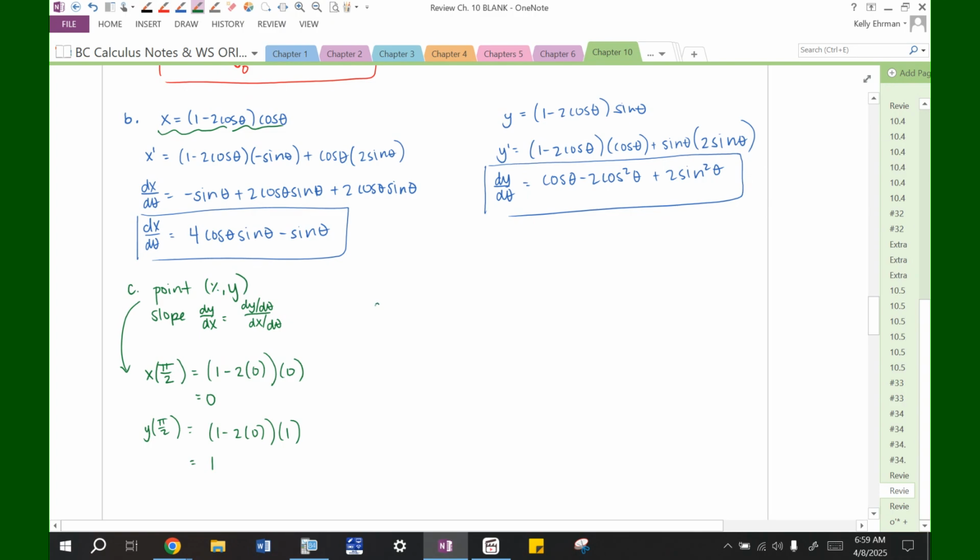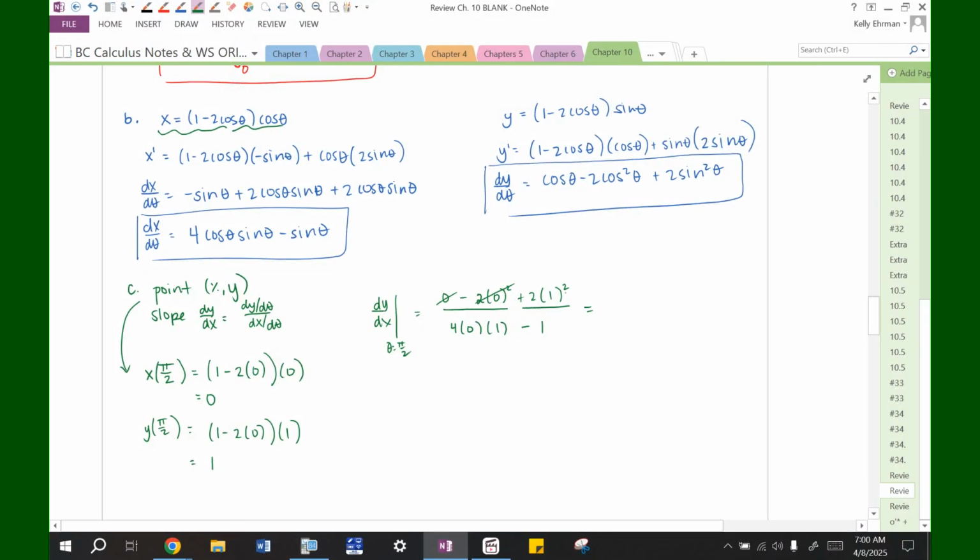And then the slope, dy dx, evaluated at theta equals pi over 2. You're just putting pi over 2 into these equations. So cosine of pi over 2 is 0, minus 2 times 0 squared plus 2 times 1 squared, over 4 times 0 times 1 minus 1.